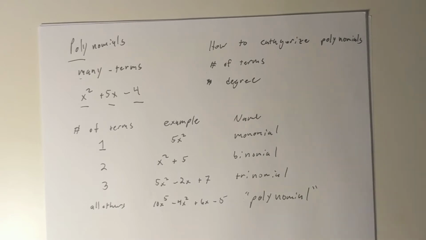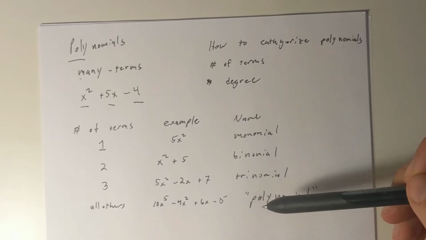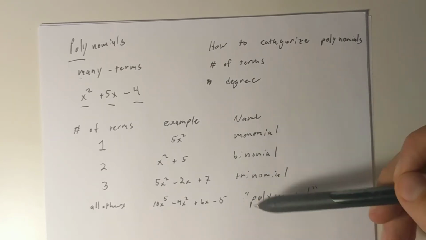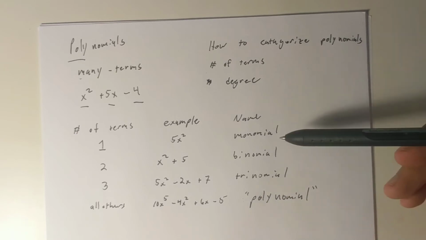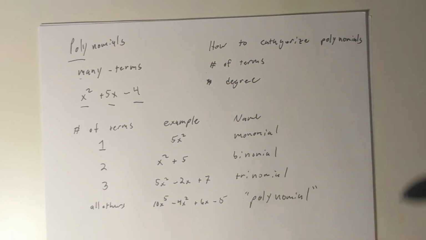There might actually be names for the number of terms being above 3, but basically all we care about is monomial, binomial, trinomial, and then from there on, polynomial is fine. So this is by the number of terms.